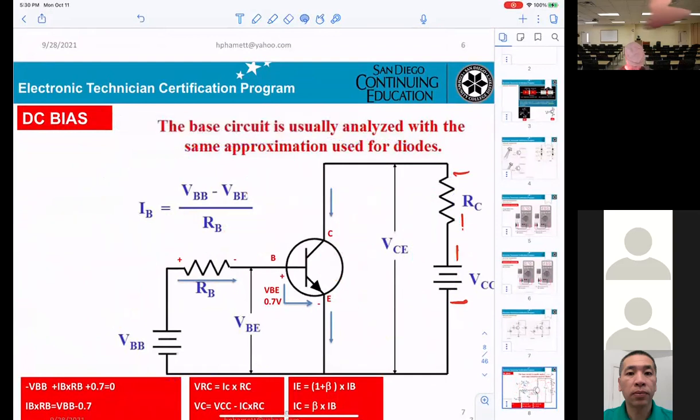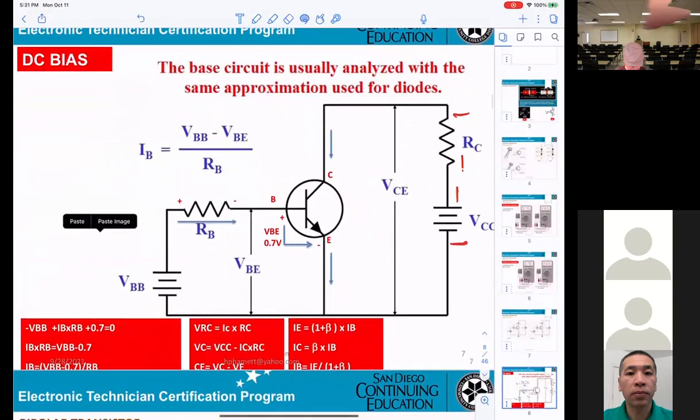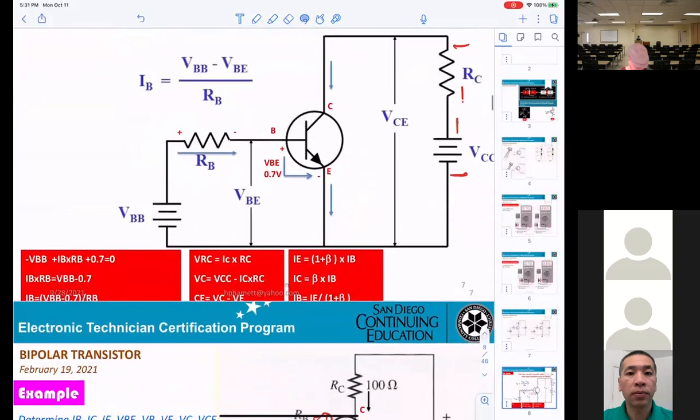Basically this uses two power supplies, and we don't want this circuitry. The thing is, it needs two power supplies. You understand, power supplies cost more money, okay? However, we still give it to you. How do we calculate it?